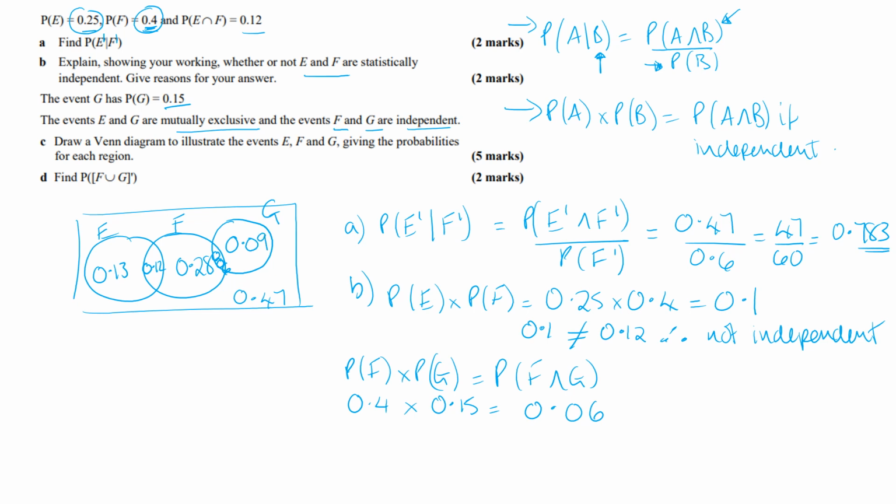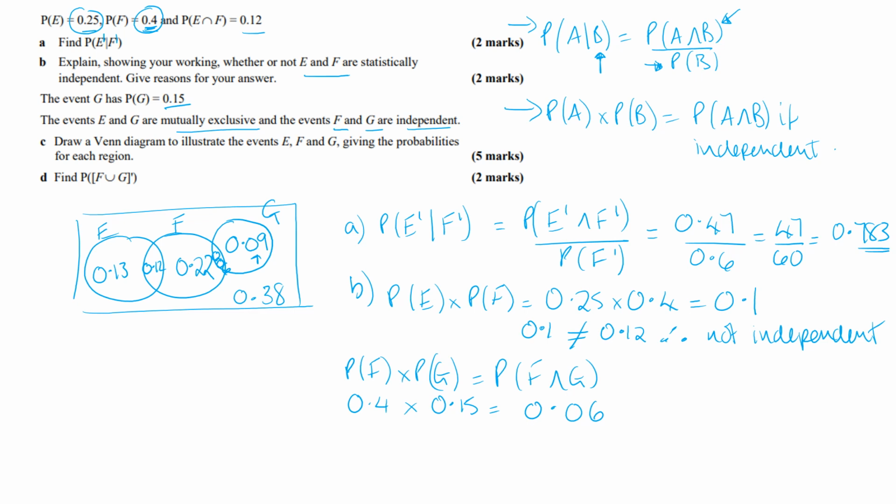Now we also need to change F's, because G hasn't got any other probabilities with E, so that bit there needs to lose 0.06, so that's going to be 0.22, and then on the outside, because we've now had an additional 0.09, that one will have to go to 0.38.